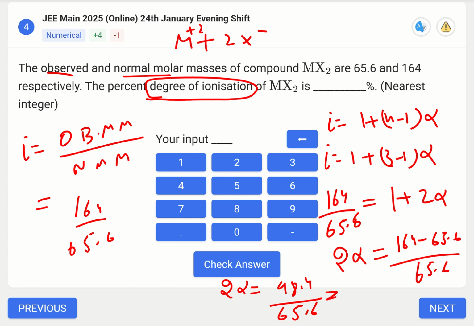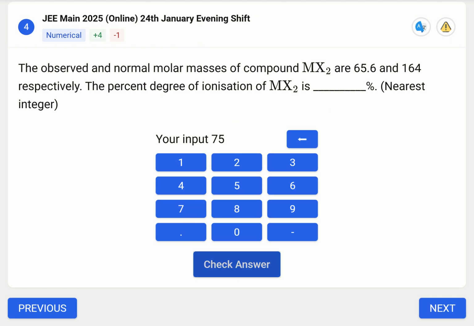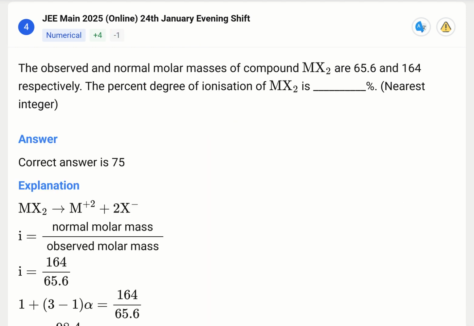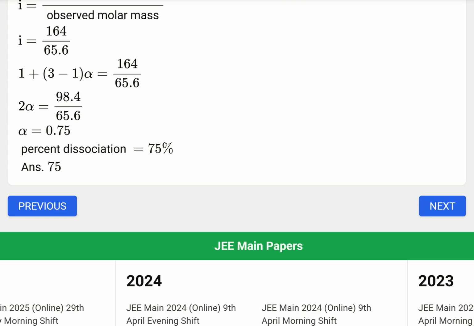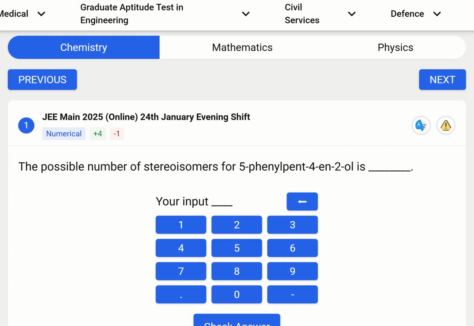So it will be equal to 0.75, means 75% is my answer. Okay, let me check. Students, I am doing this calculation by using calculator because I don't want to take much time. So 75 is my answer. I will go with the 75 definitely. Yes, we got the right answer. So just by comparing the two i's, we have got this.